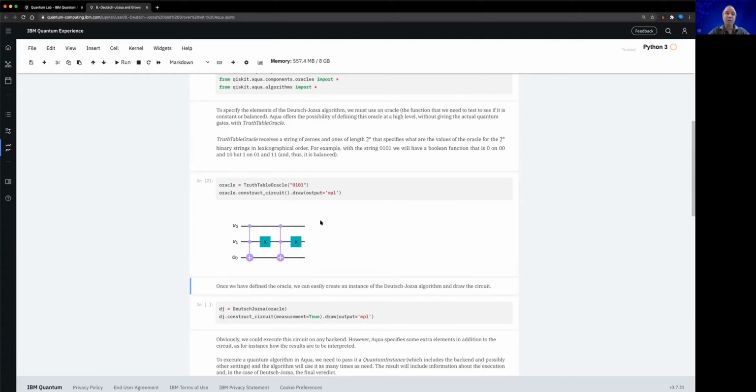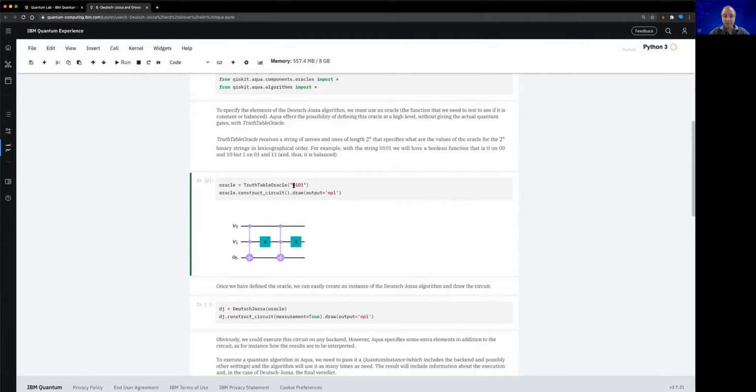Okay, so to define this oracle, we can use this already implemented function, which is called truth table oracle, that produces a circuit that implements a Boolean function whose values are given in this parameter here. And the values are given in lexicographical order. Okay, so here, for instance, I have a function of two variables.